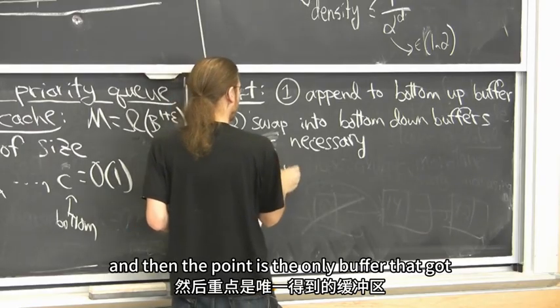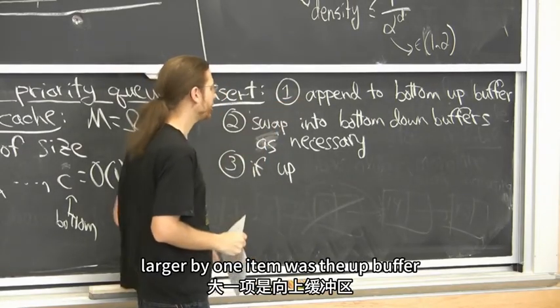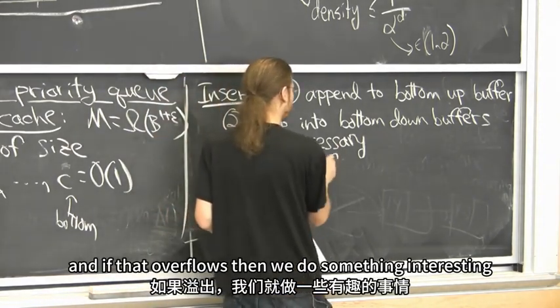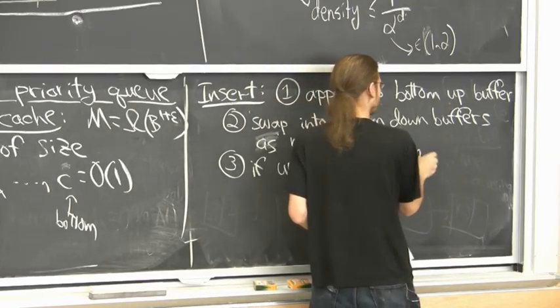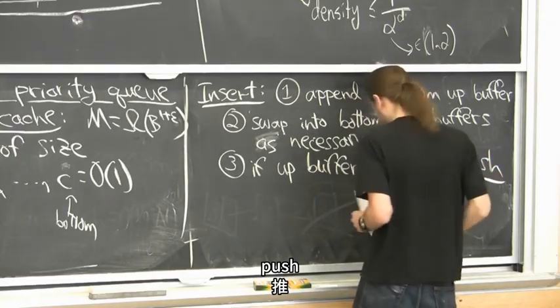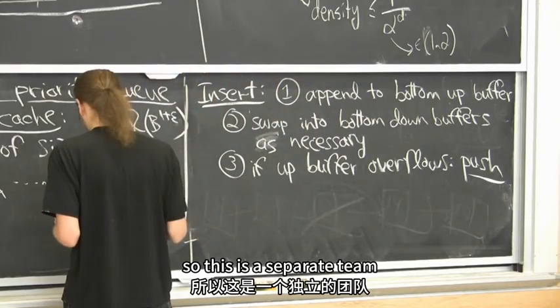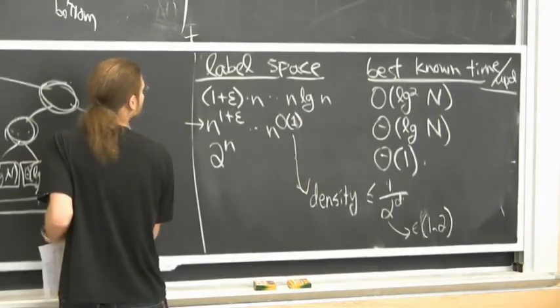And then the point is, the only buffer that got larger by one item was the up buffer, because here we did swaps to preserve size. And if that overflows, then we do something interesting. And something interesting is called push. So this is a subroutine, which I'll define now.